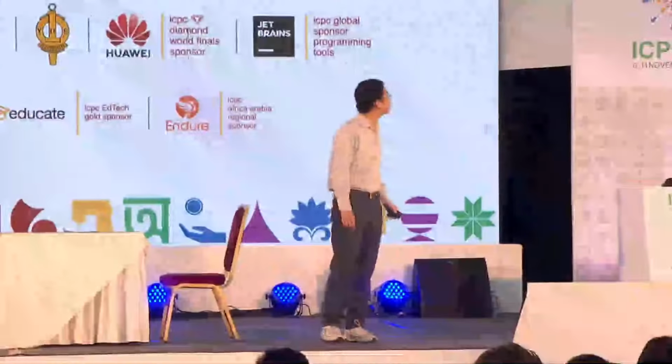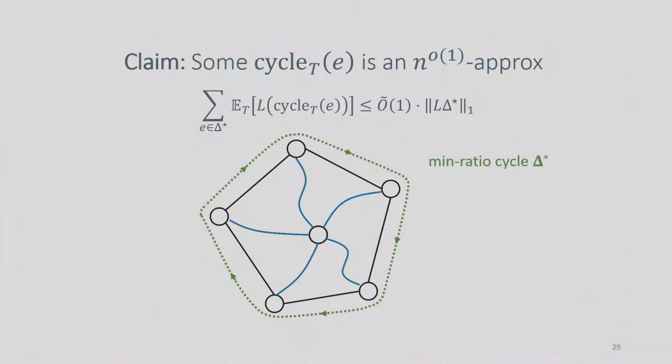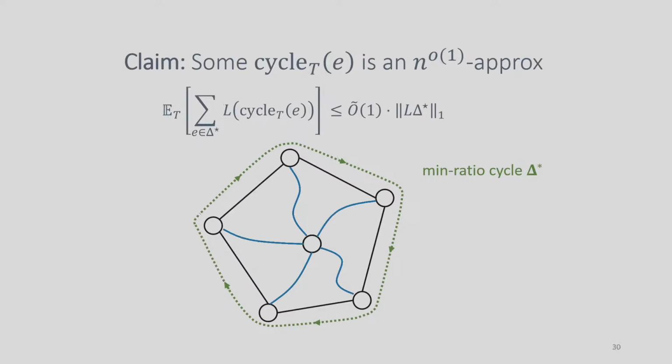How do we manipulate this? So now we say let the optimal mean ratio cycle be delta star. Apply the linearity of expectation on that. What you get is a sum over all the edges on the optimal cycle. You get that the length is less or equal to n^{o(1)} times the length of that cycle. And then now you do linearity of expectation, you move it outside.